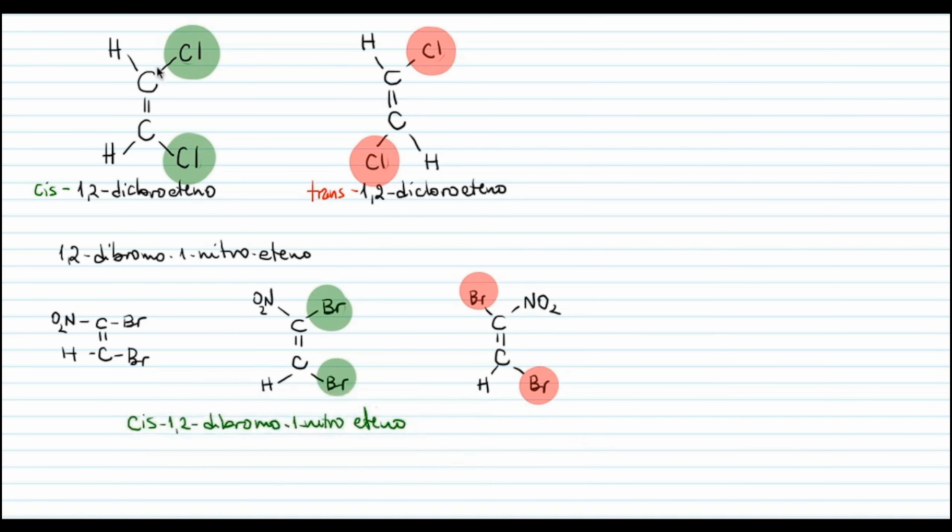The second is called trans-1,2-dibromo-1-nitroethene.